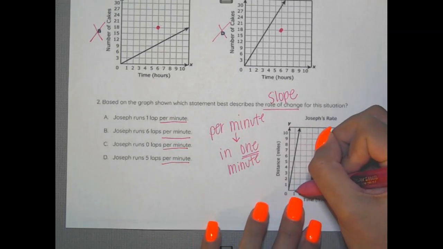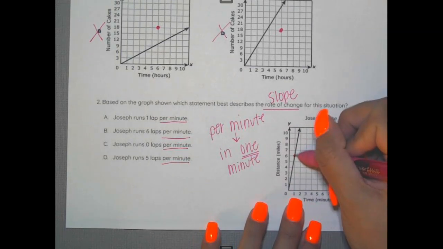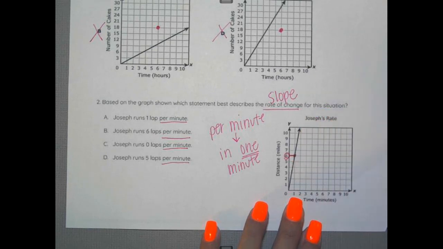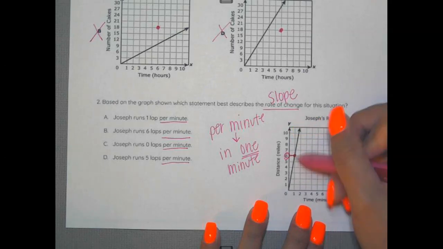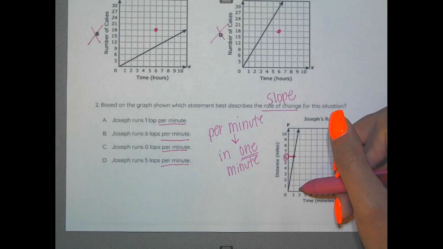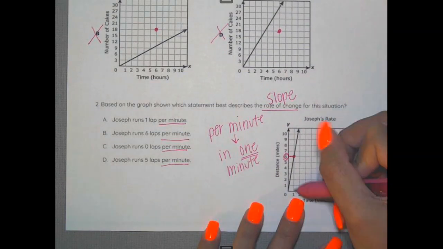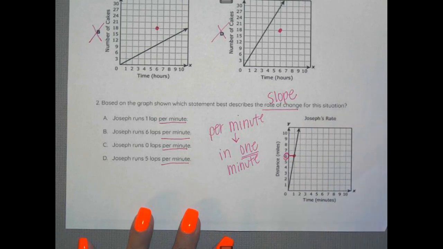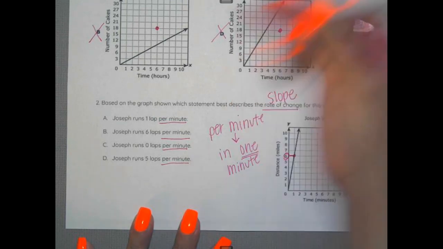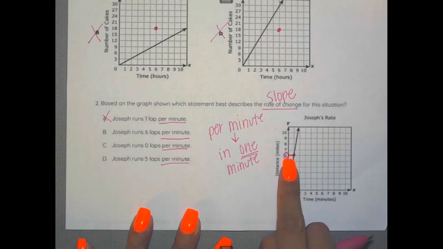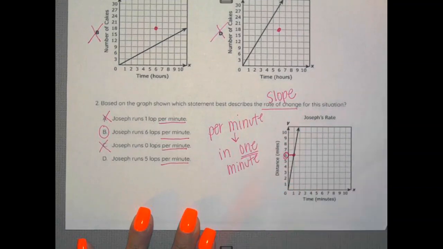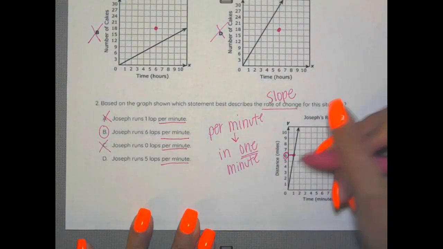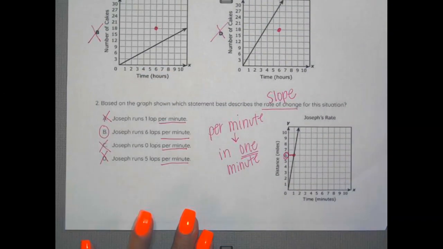So if I go over to 1 minute and I go up, I can see that in 1 minute, Joseph runs 6 laps, okay? So A, 1 lap, no, we just said it was 6. B, 6 laps, yes. C said 0. No, we can clearly see he's running. And 5 is a little too low. It does not match there. So B is going to be my answer for number 2.